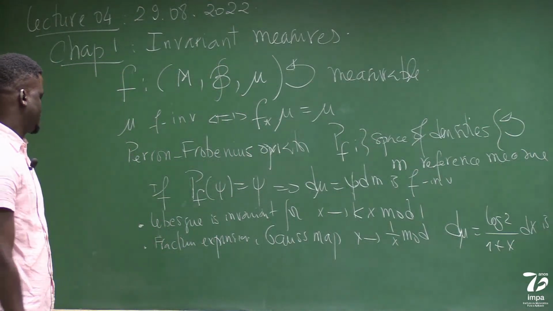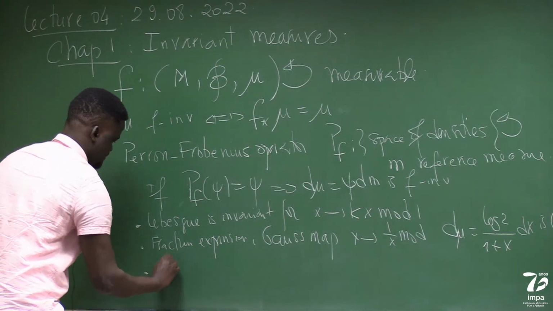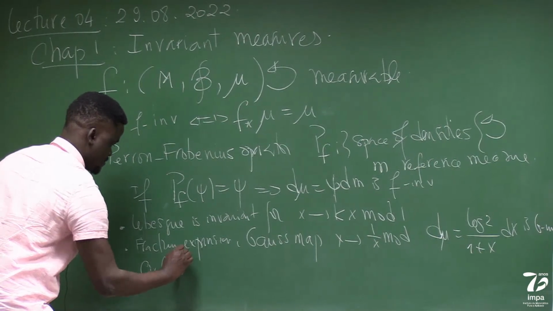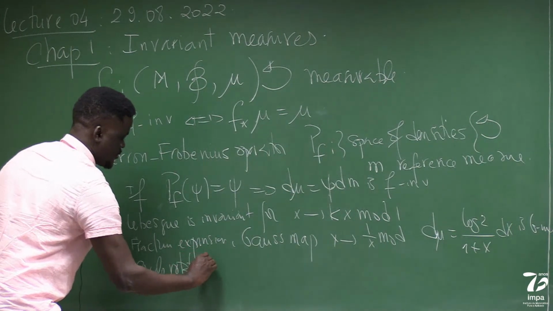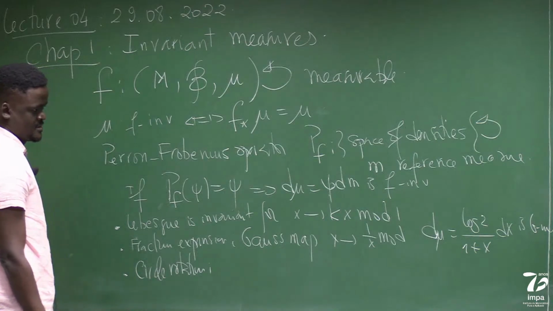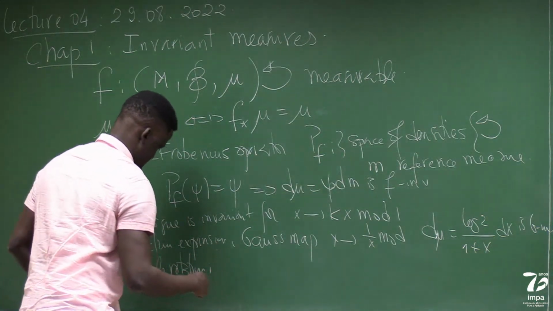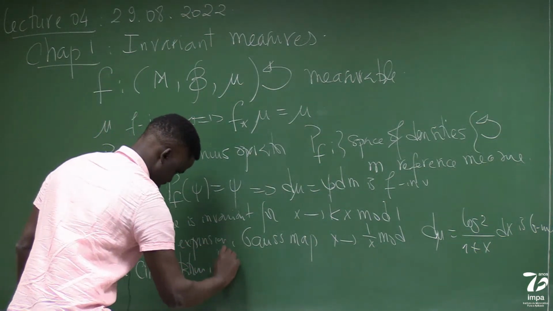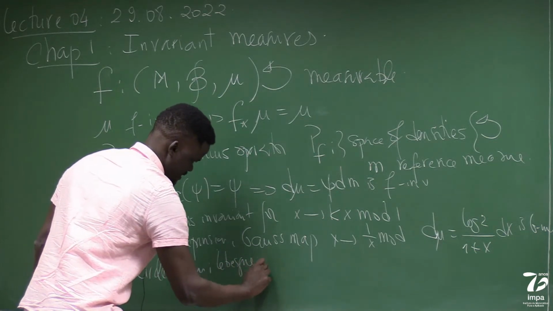Okay? And also we have seen the circle rotation, where Lebesgue is invariant. This is a translation, so Lebesgue is F invariant.